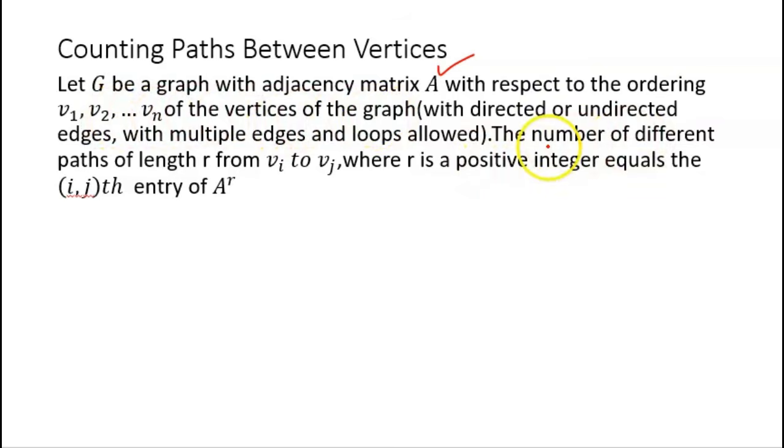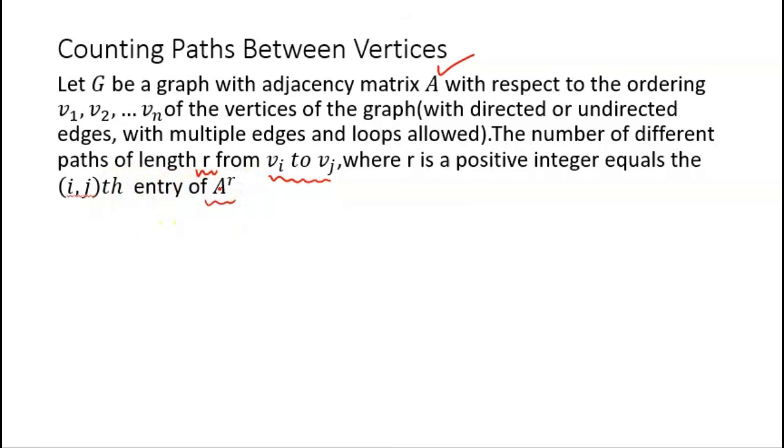We may be asked to find the number of different paths of length r from the vertex vi to vj, where r is a positive integer, and it equals the ijth entry of A to the power r.